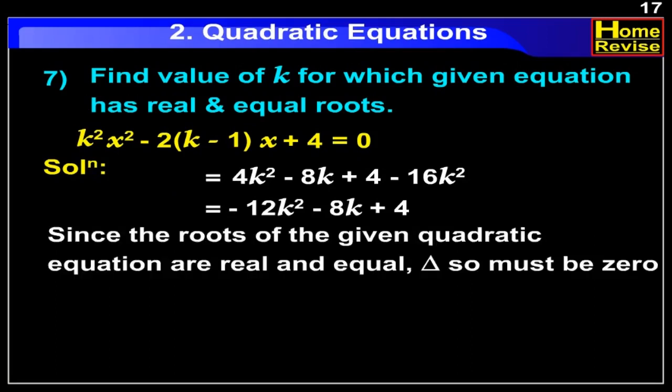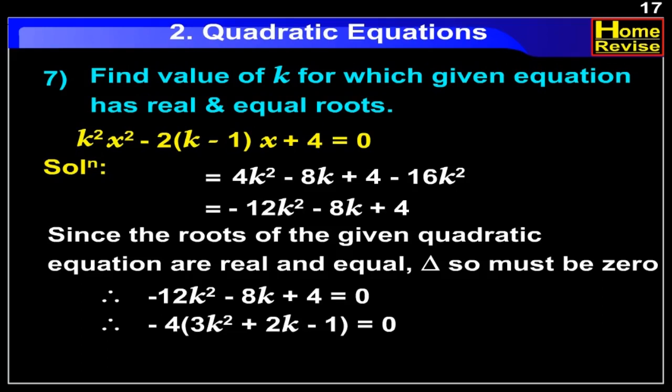Since the roots of the given quadratic equation are real and equal, so delta must be 0. Therefore, minus 12k square minus 8k plus 4 is equal to 0. Taking out minus 4 common, we get minus 4(3k square plus 2k minus 1) is equal to 0.